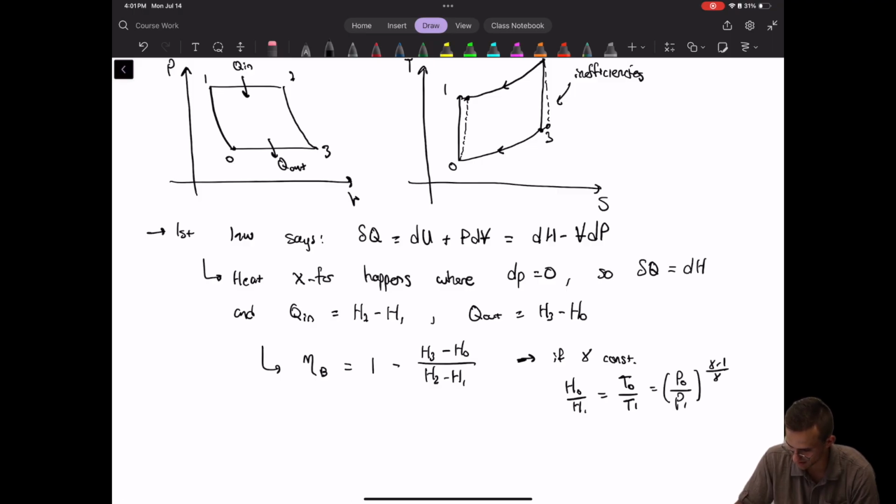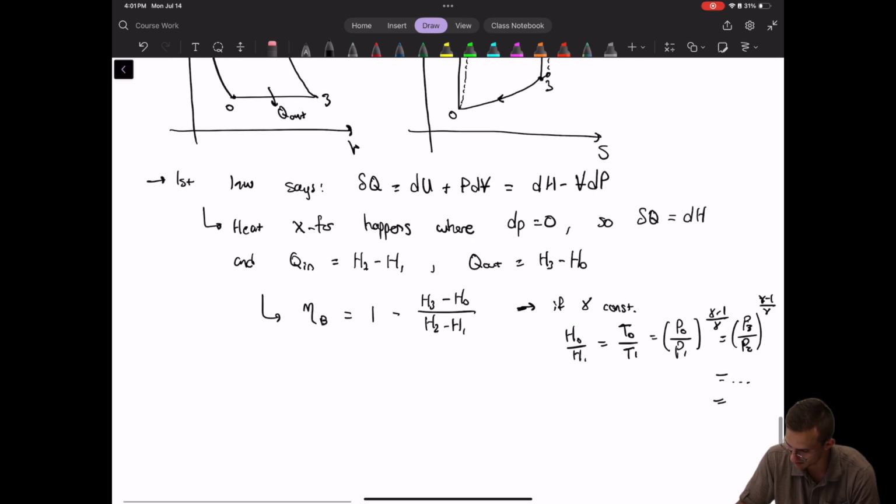And then that thing is also equal to P3 over P2, because it's the isobaric process, over gamma, and then those continue forward until you can say that this is equal to H3 over H2.